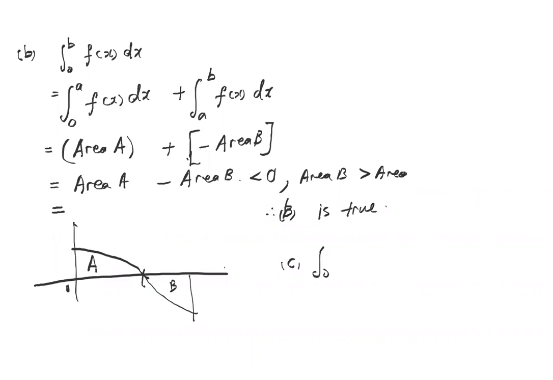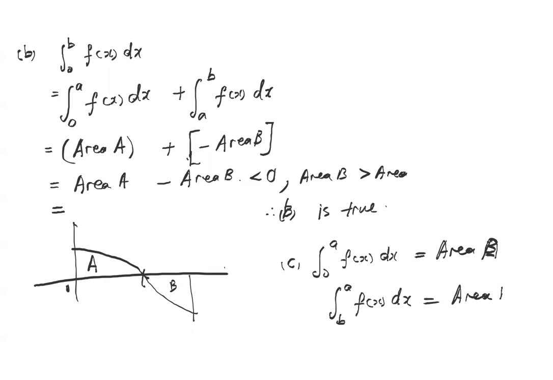Because the integral from 0 to A of f(x) dx is area A, and the integral from B to A of f(x) dx, because I alter that one, is area B. So therefore area A minus area B is less than 0.